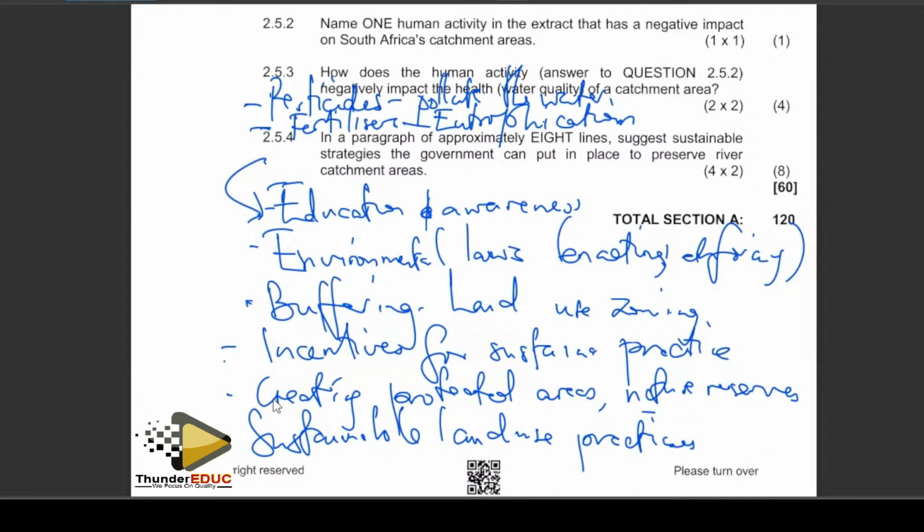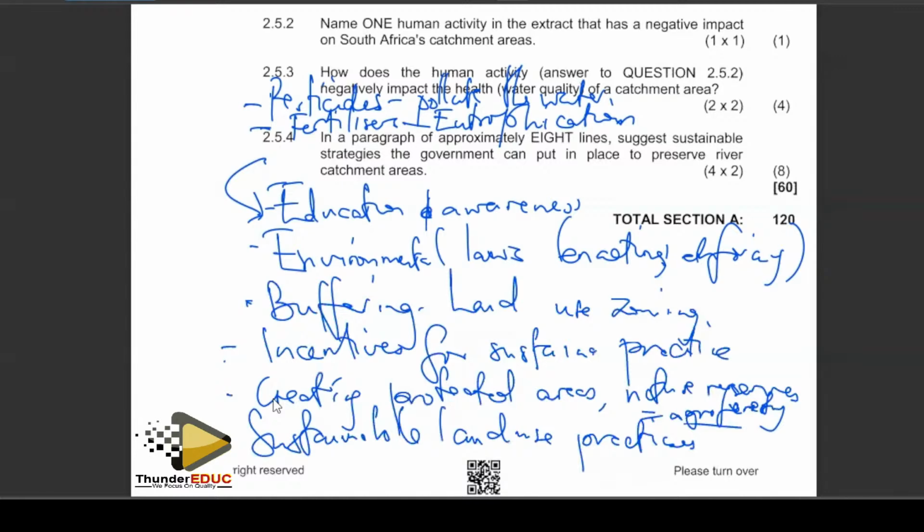They will harm the catchment areas, they will harm the rivers. They should be avoided. Introduce sustainable land use practices. For example, we can talk of agroforestry. It's sustainable. It helps sustain our catchment areas and our rivers.